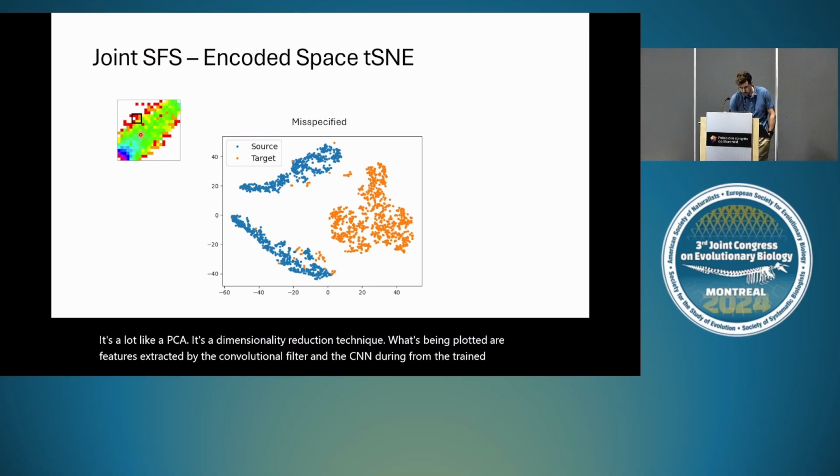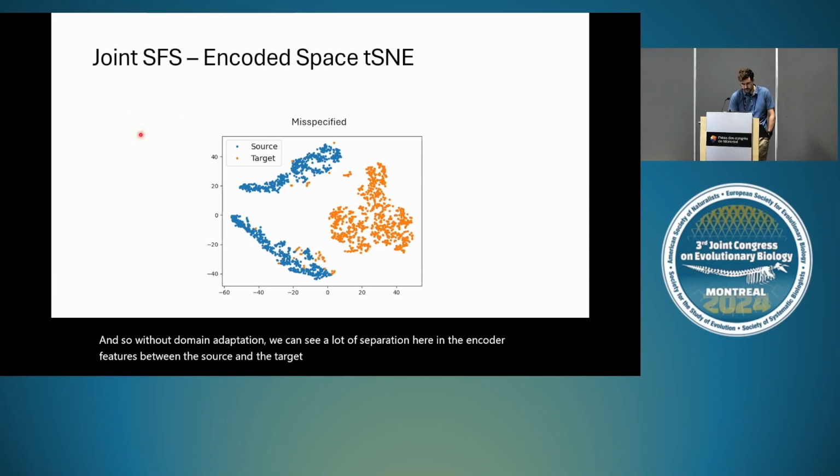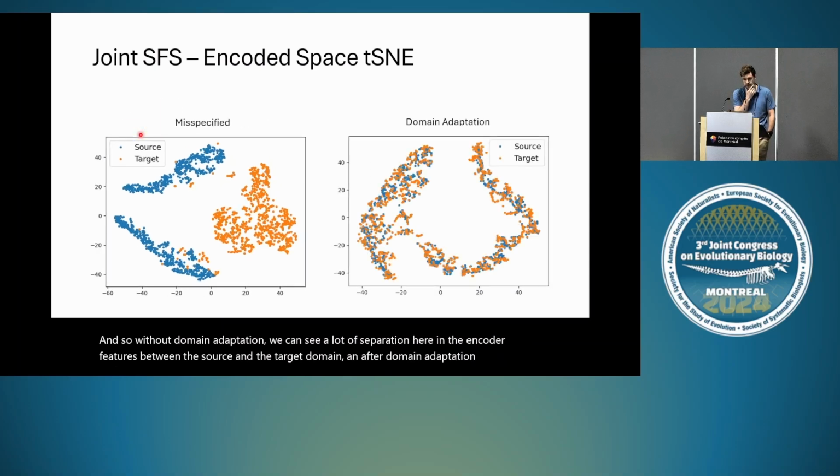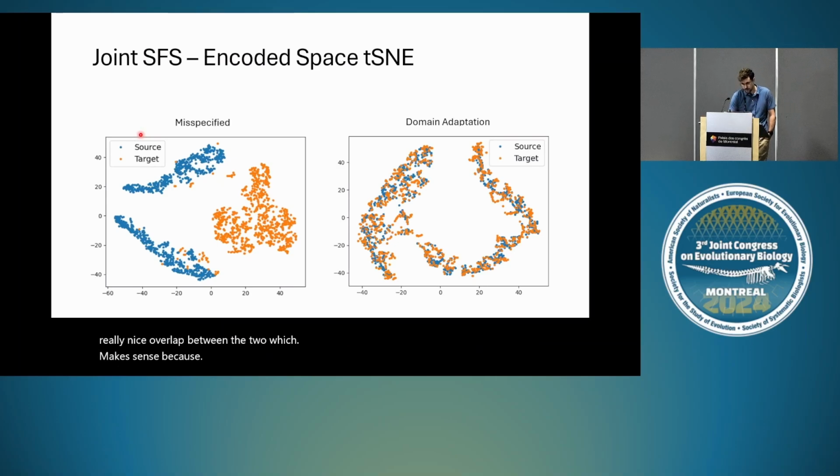Without domain adaptation, we can see a lot of separation in the encoded features between the source and the target domain. And after domain adaptation, we see this really nice overlap between the two, which makes sense because it was performing much better at classifying our data.